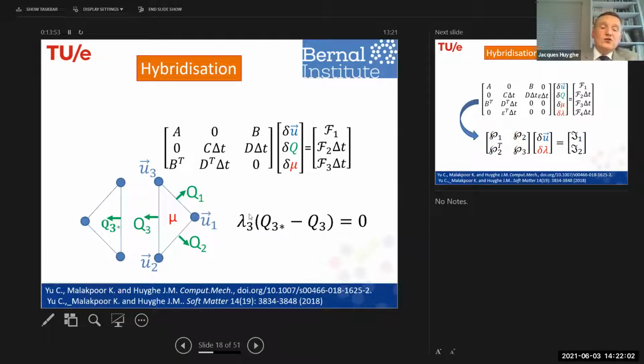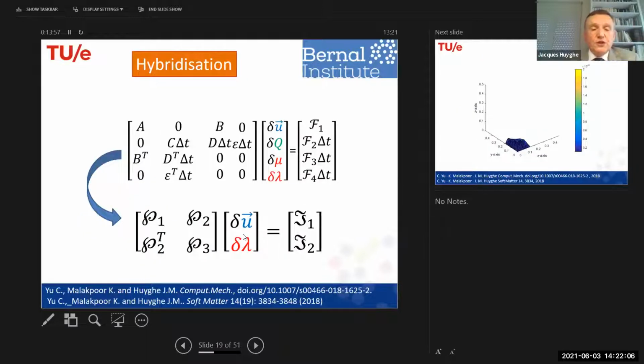Now we will introduce this Lagrange multiplier into our system of equations, just as it is done classically in fluid mechanics, and we are left with an even larger system of equations involving displacement, flux, chemical potential, and Lagrange multipliers, which can be physically interpreted as the chemical potential along those boundaries.